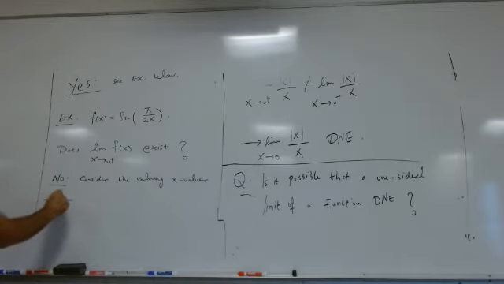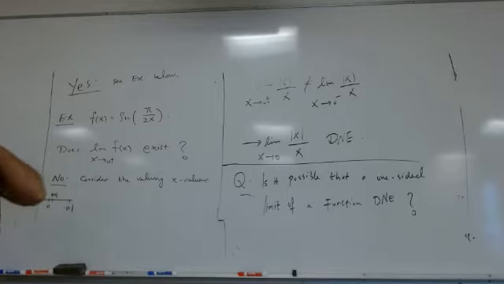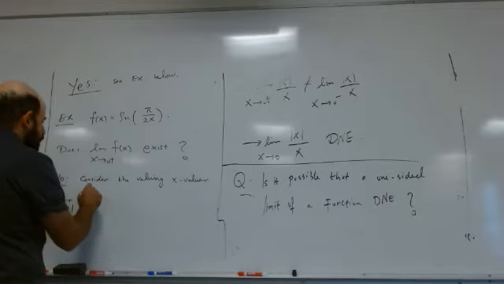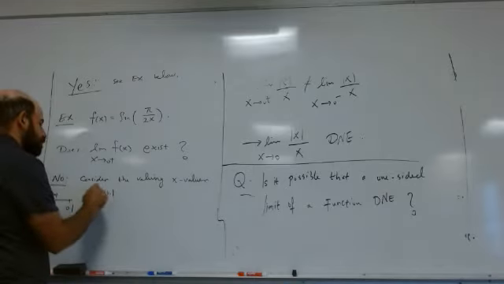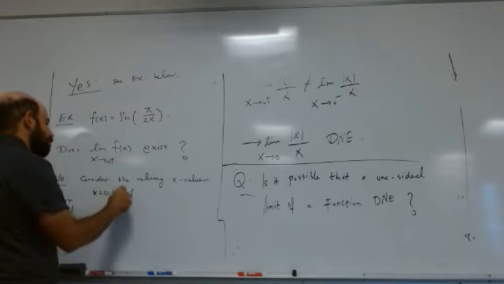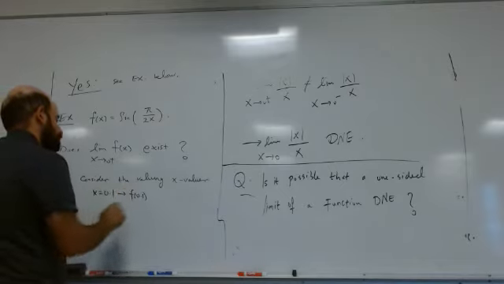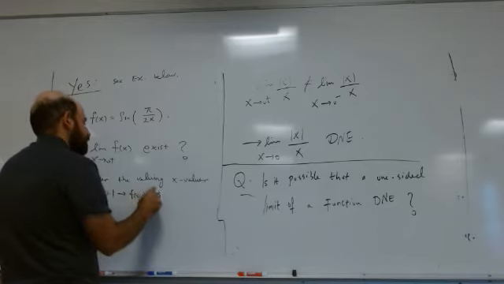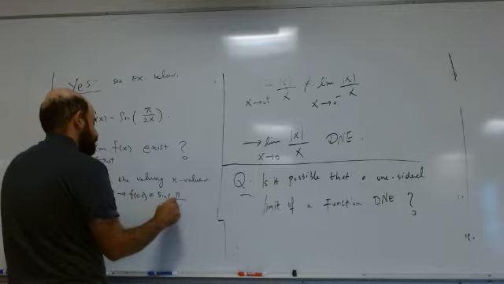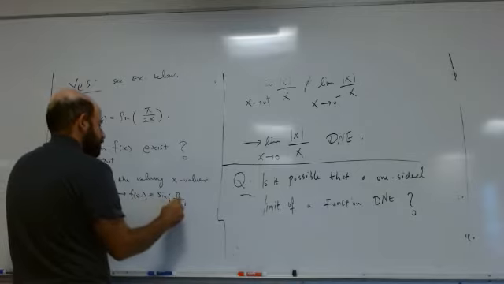So let's say this is 0, and then this is 0.1, and then 0.01, and so on. So if x is 0.1, how much is the output? So f of 0.1 is how much? f of 0.1 means sine pi over 2 times 0.1. 0.1 means 1 over 10.